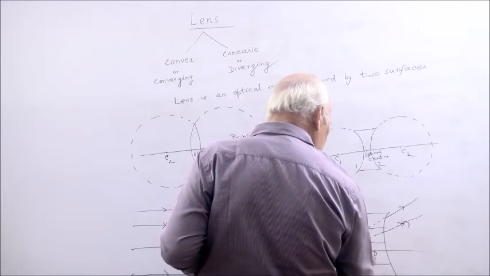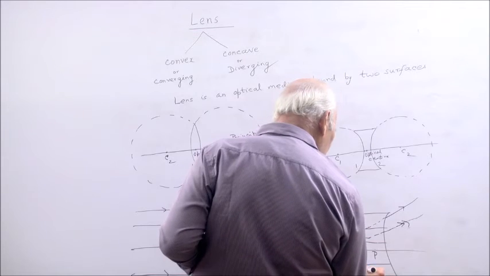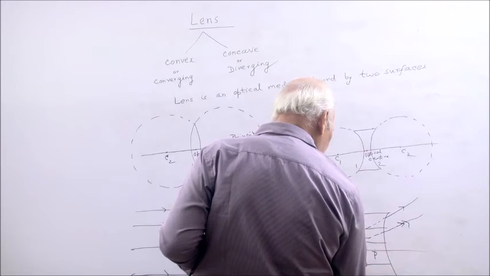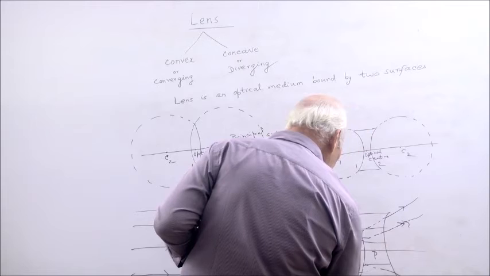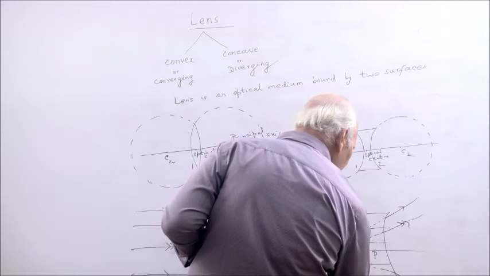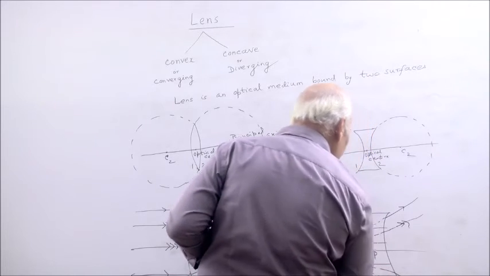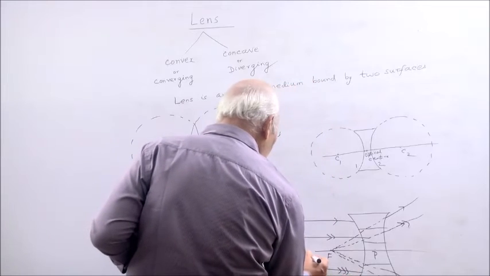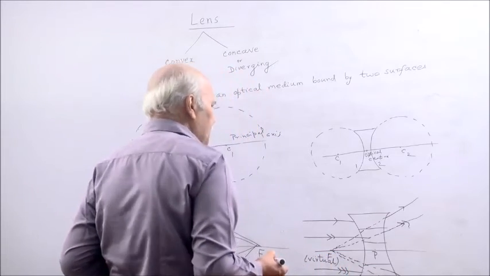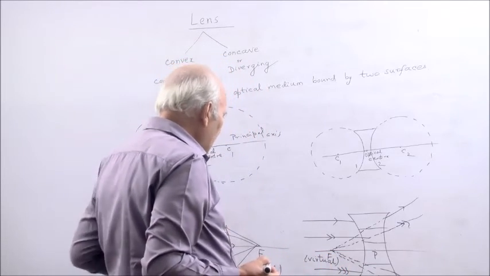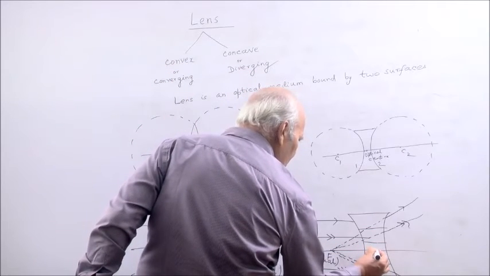Then the third one is not deviated, so it goes away like that. Diverges, and the fourth one also you can say that it diverges but tries to come from this one. So, this is a virtual focus because only by extension you are getting it, not actually the rays are meeting. And naturally this is also the focal length, F to P is focal length.